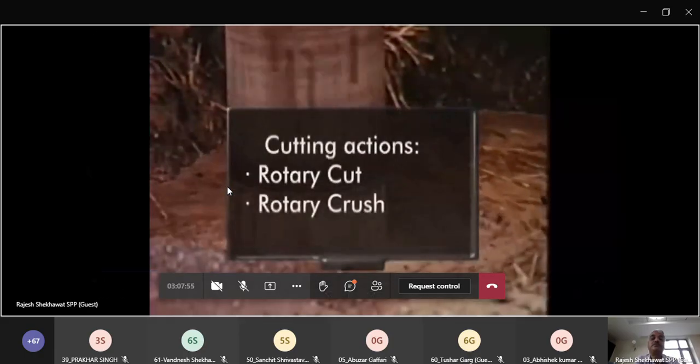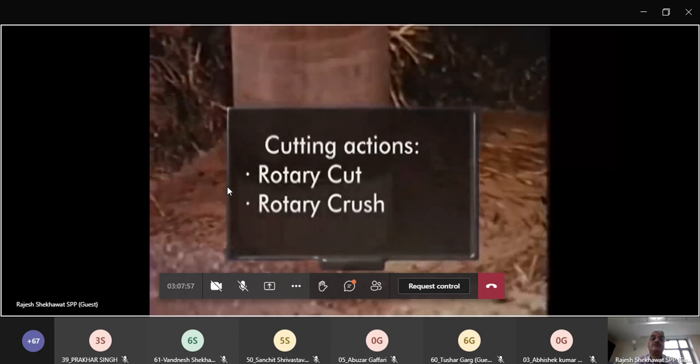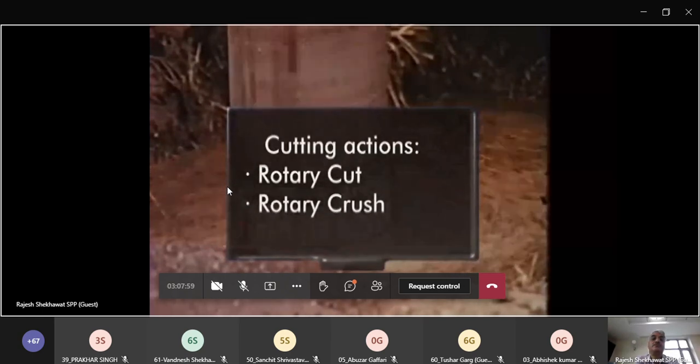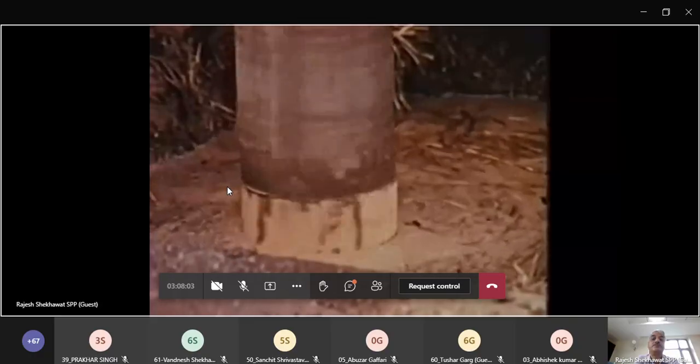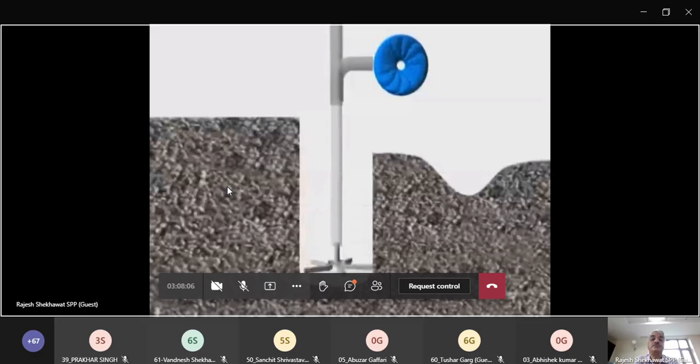The cutting actions used in the reverse circulation system include the rotary cut and the rotary crush actions. Shown here is rotary cut. The unique direction of the water-based flushing media is profiled. This fluid is sent down the annular space between the drill string and the borehole, removing cuttings back up the drill string and into the settling pit.